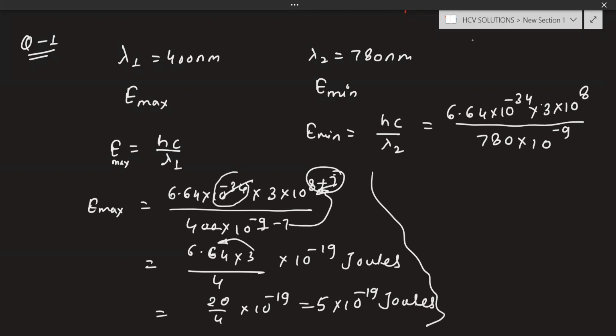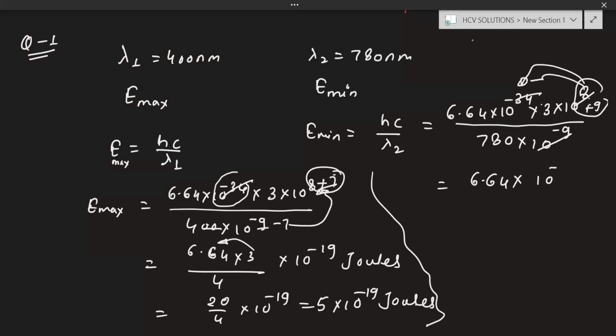So again you solve this. 9 and 8 will be added, so 17, and 17 and 17 makes 34.